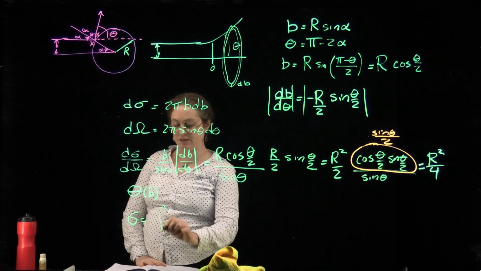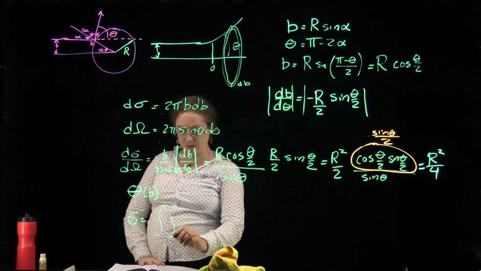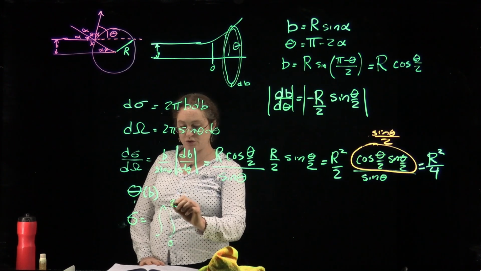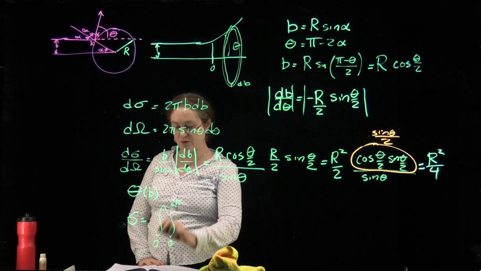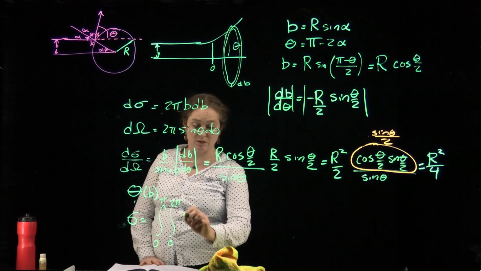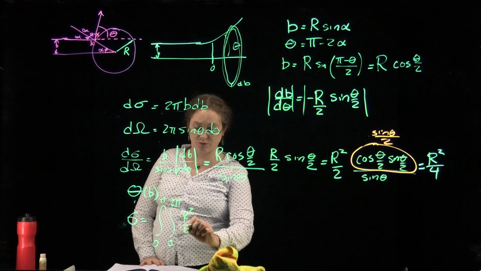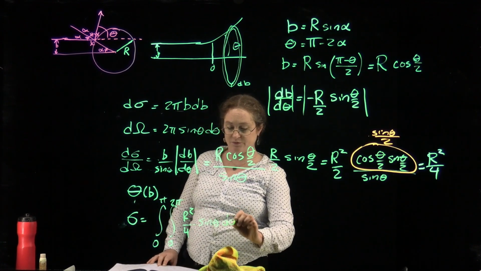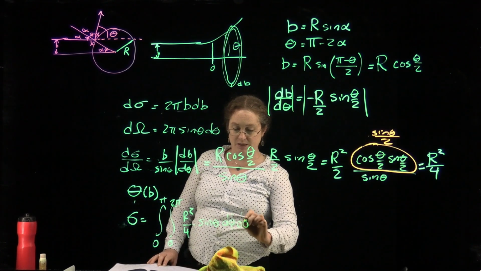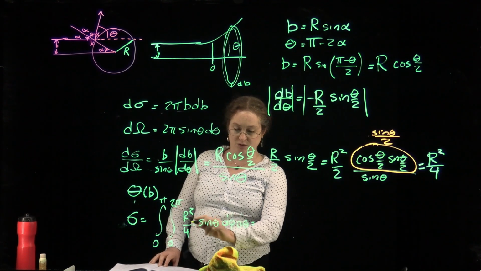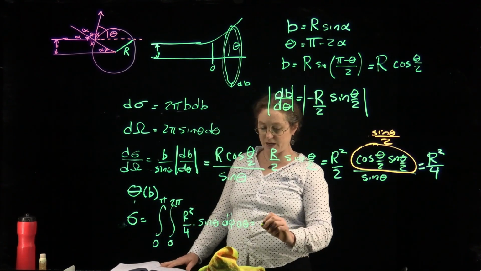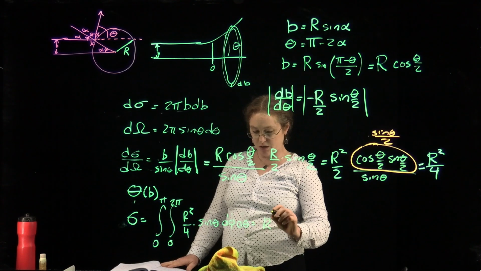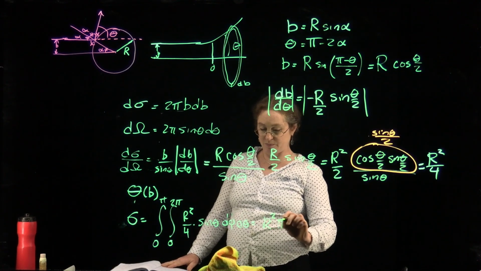This is the integral from 0 to 2 pi, 0 to pi, r squared over 4 sine theta d phi d theta. This integral gives you a factor of 4 pi, so this gives you r squared times pi.